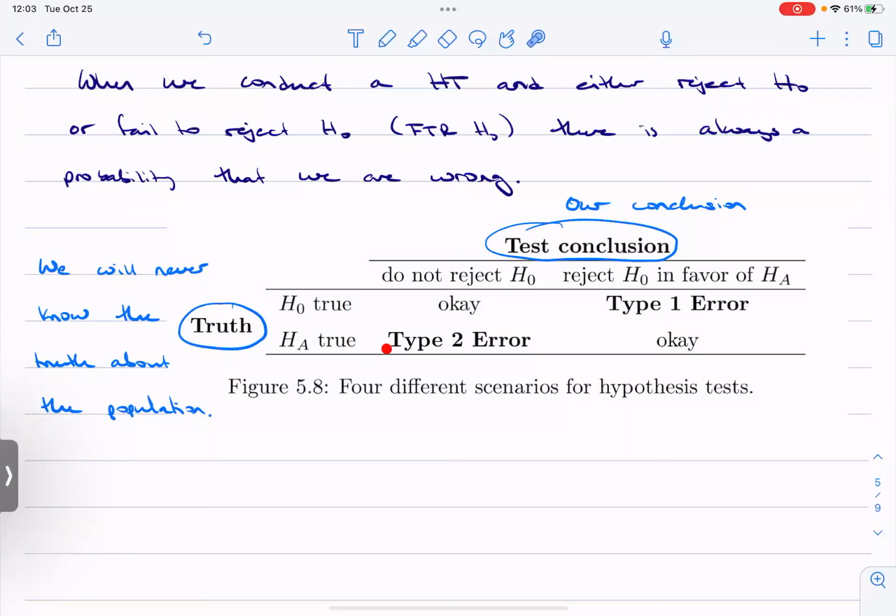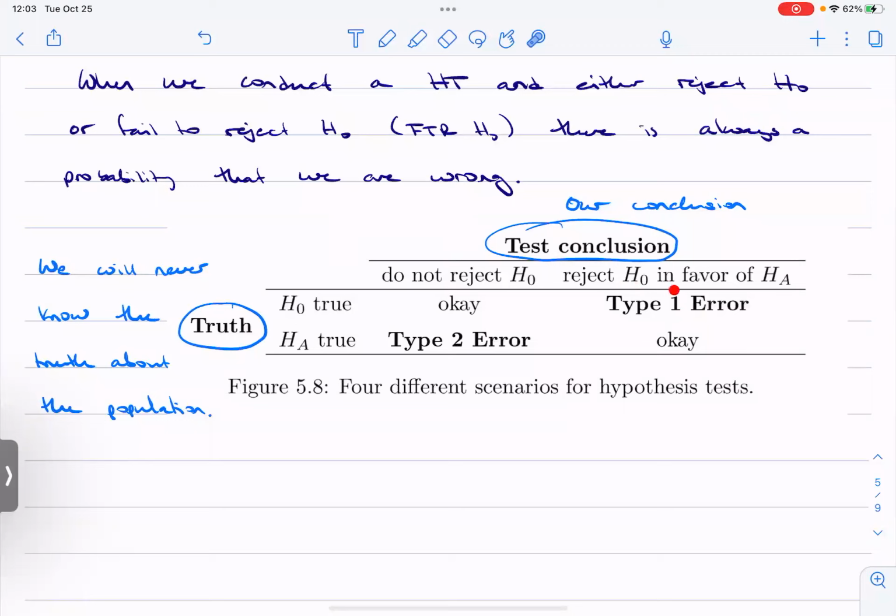And so it just exists right out there. And so if I fail to reject H naught and H naught is true, then that's not a mistake, right? That's fine. But if I've rejected H naught, but H naught should not be rejected, that's what we call a type 1 error. Okay. So we can make a type 1 error if we're rejecting H naught.